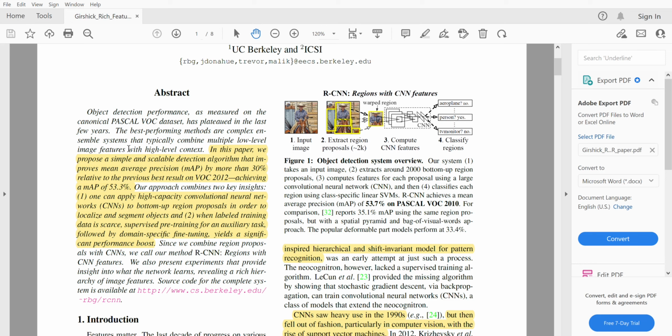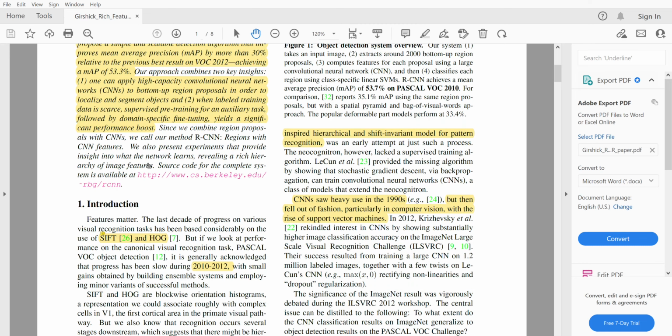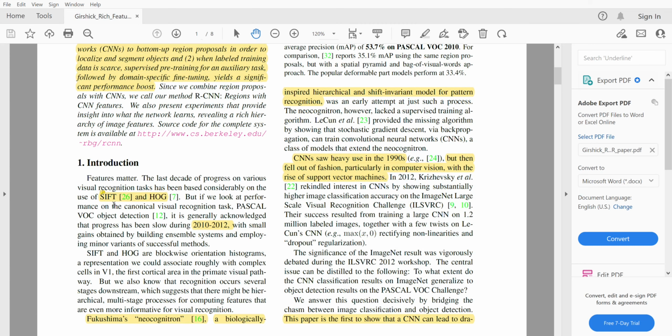they say that object detection performance, measured on the canonical PASCAL VOC dataset, has plateaued in the last few years. The results were not improving. Over here, they said that before, it used SIFT and HOG features. These are the two features which are used for extracting low-level features.